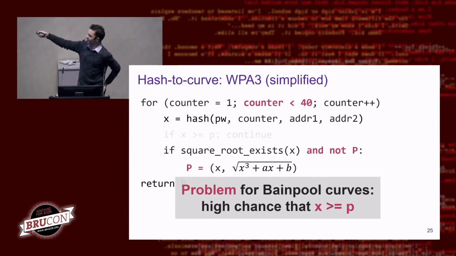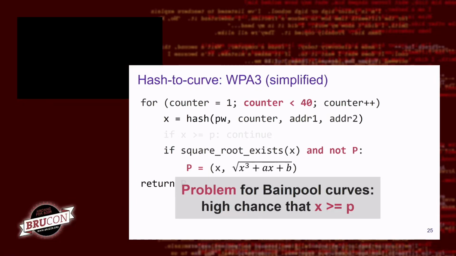Namely, the output of the hash function, which will be equal to x, has a high chance of being higher than the prime p of the elliptic curve. And again, this would cause issues in the remaining calculations because it might introduce a bias. But the thing to remember here is we want this x value to be smaller than p to avoid any possible issues.